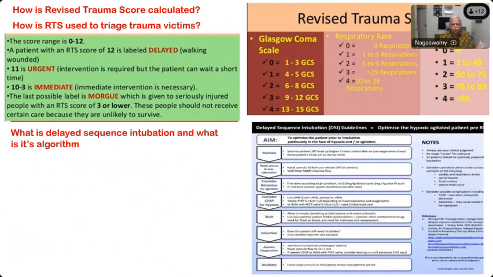Here the delayed sequence intubation is mainly to optimize the hypoxic, agitated patient before intubation. So the aim is to optimize the patient prior to intubation, particularly in the case of hypoxia and/or agitation. Position the patient in a semi-recumbent 20-degree head-up tilt or ramp position.